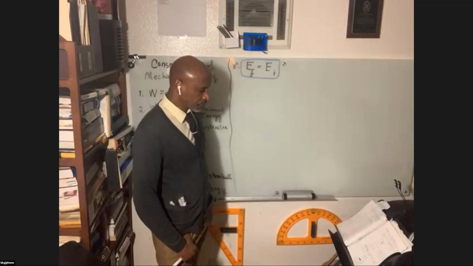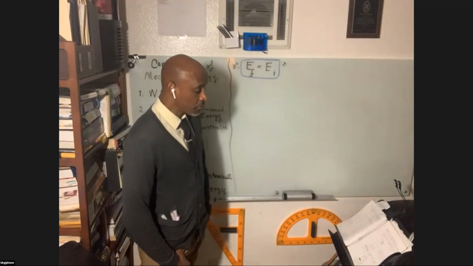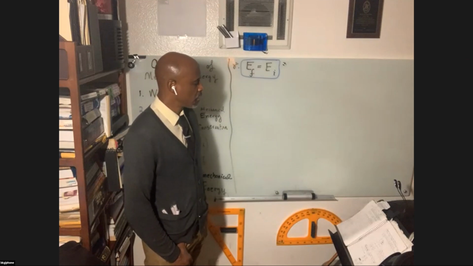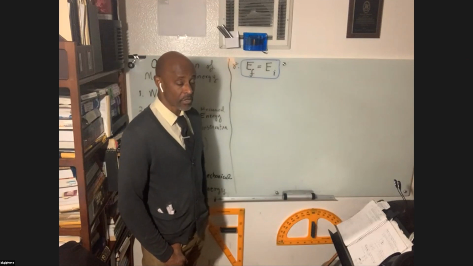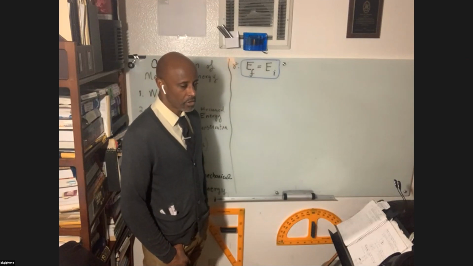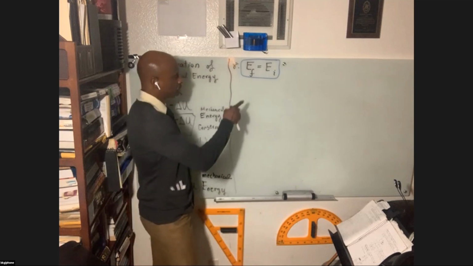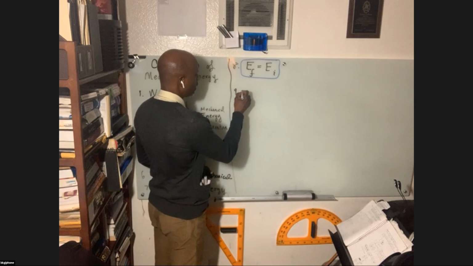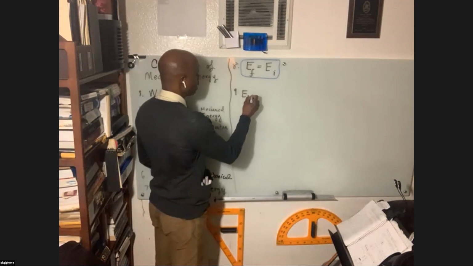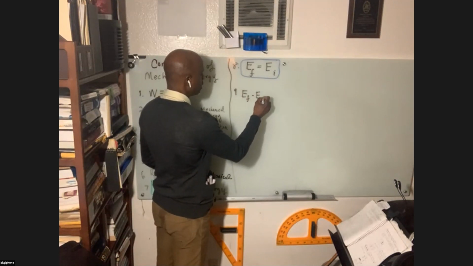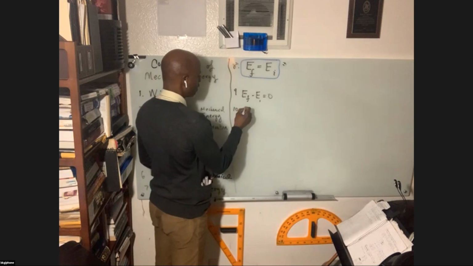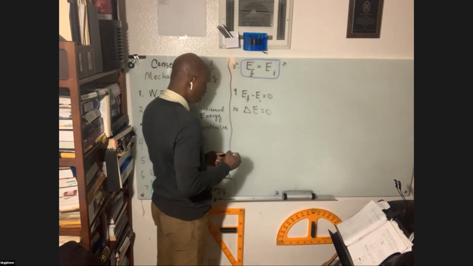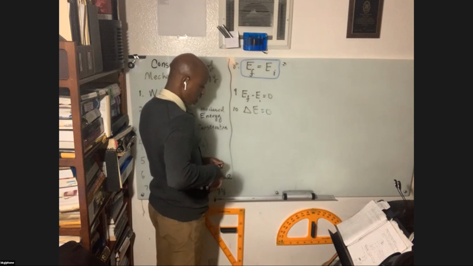When non-conservative forces are also doing work on the system, then we have to derive something called a modified work energy theorem. But if I just subtract these 2 things, the delta quantity, E final minus E initial equals 0, or delta E equals 0, that's another way to write conservation of energy.